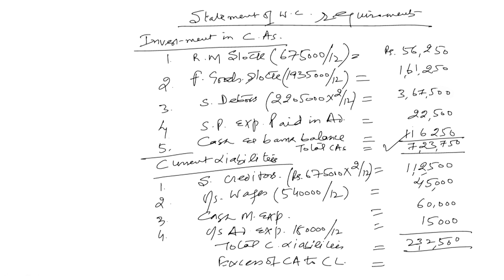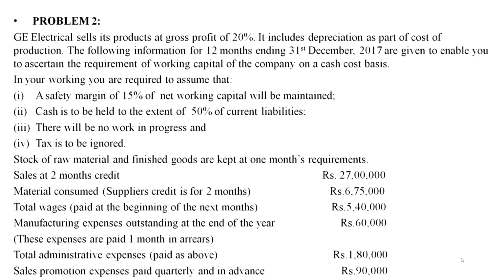So what is the excess of current assets over current liabilities? That amount will work out as 491,250. This is the total excess, and against this excess it's written here that a safety margin of 15% of net working capital will be maintained.